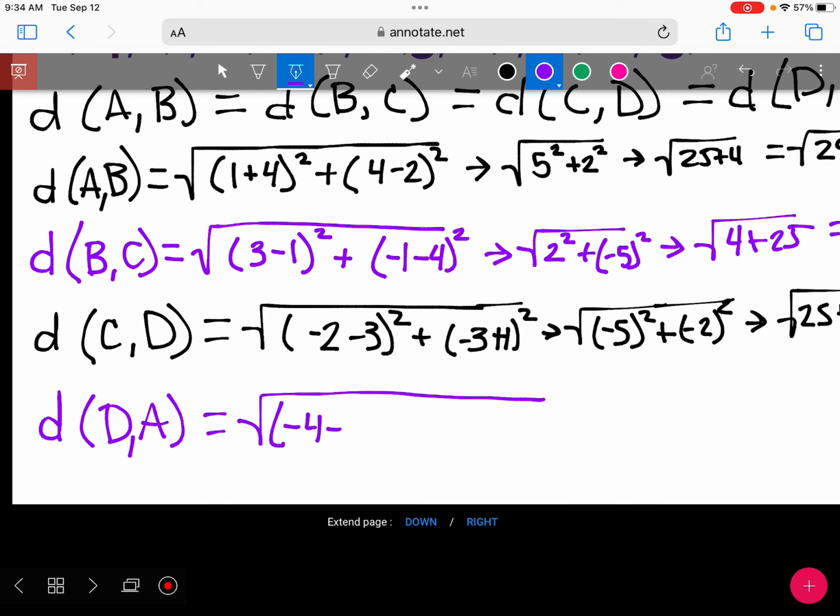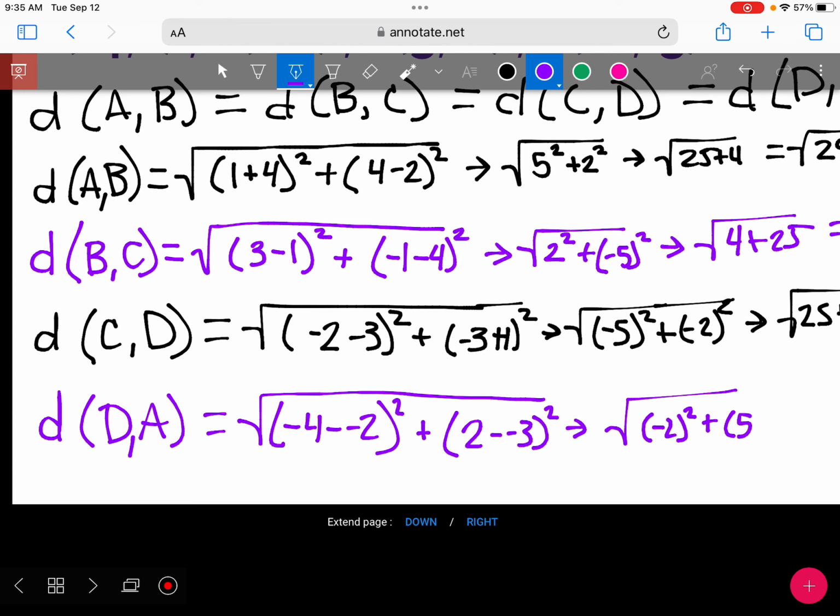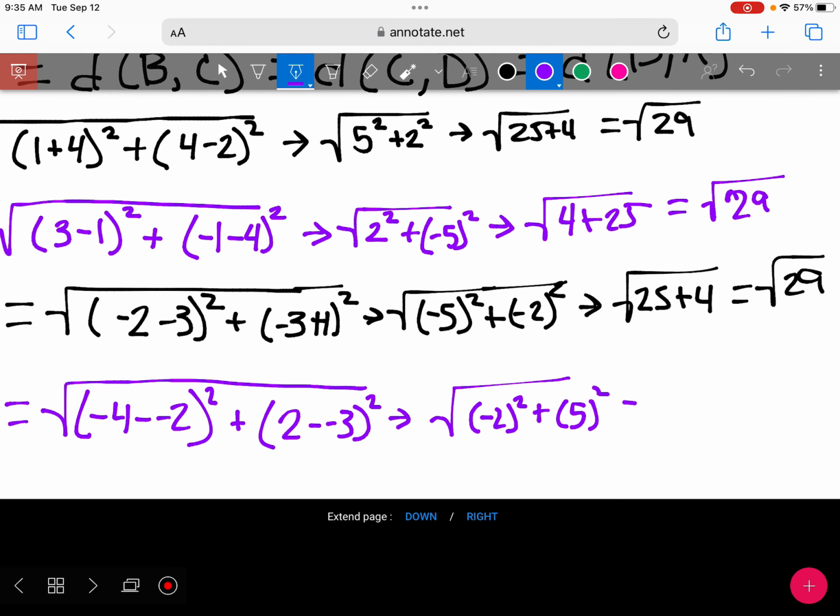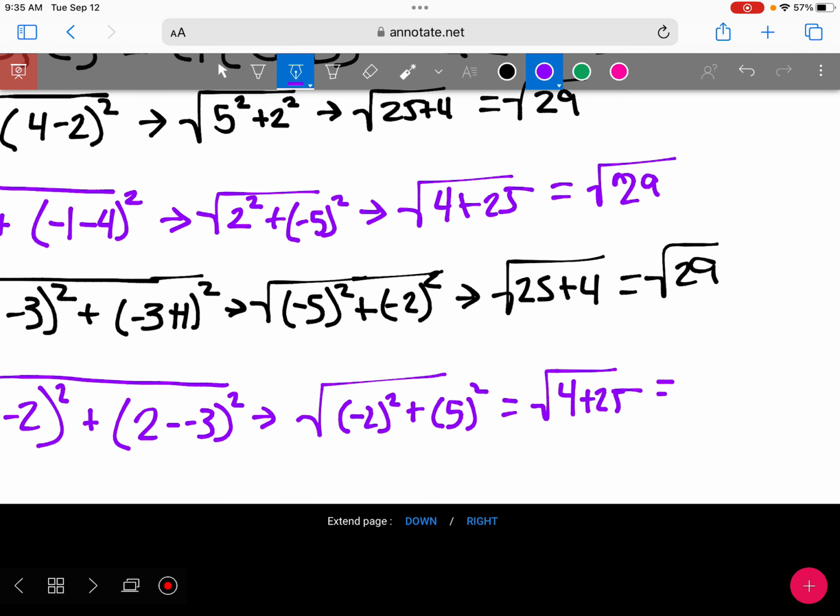Negative 4 minus negative 2 squared plus 2 minus negative 3 squared. Square root of negative 2 squared plus 2 minus negative 3 squared. 4 plus 25. Once again, we have a distance of square root of 29.